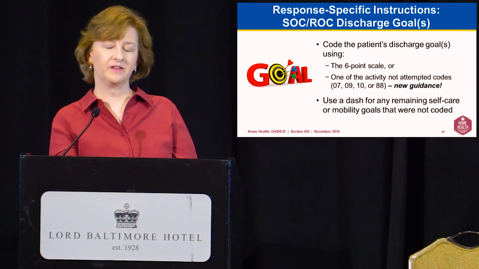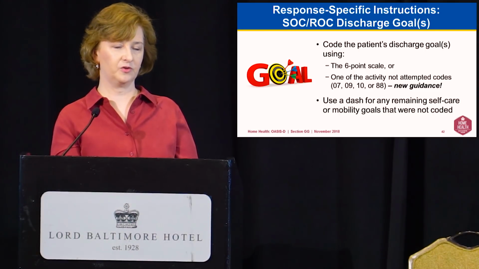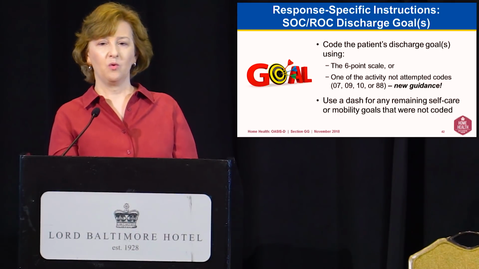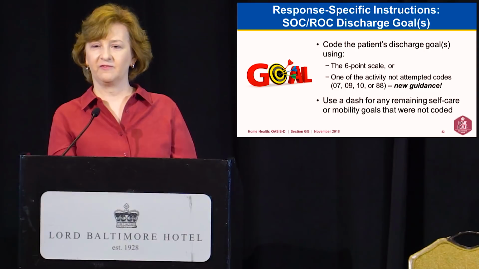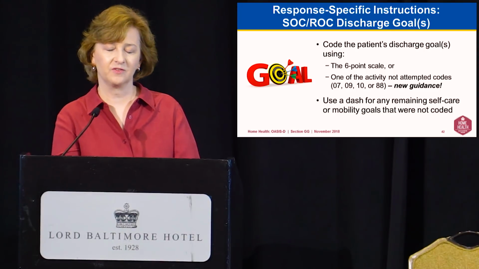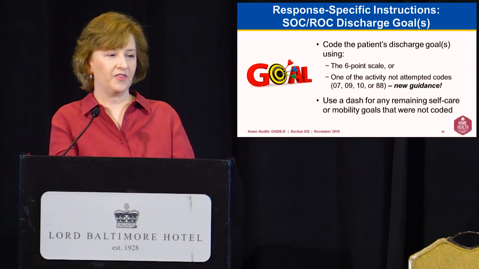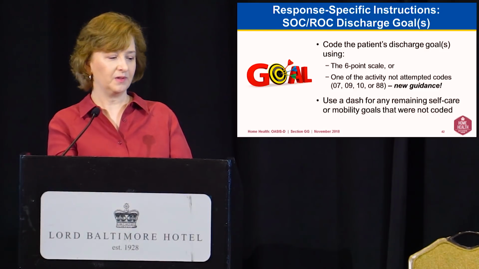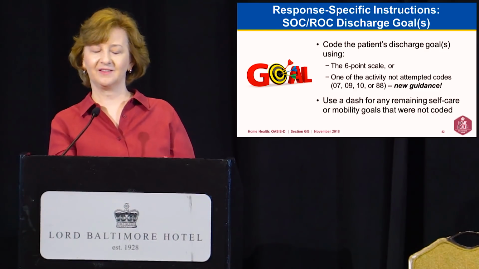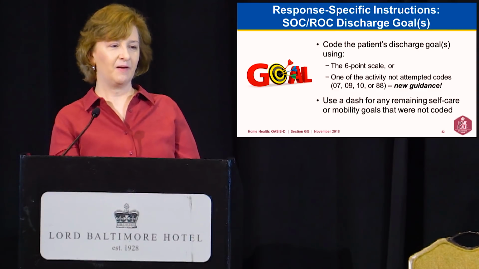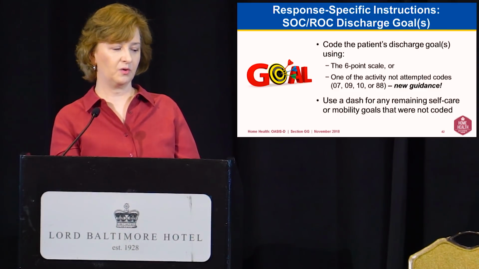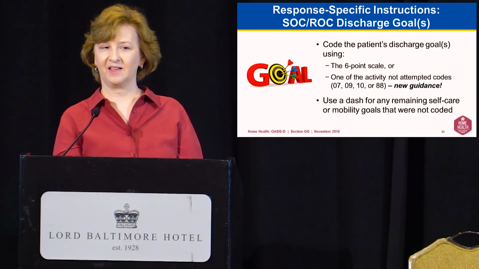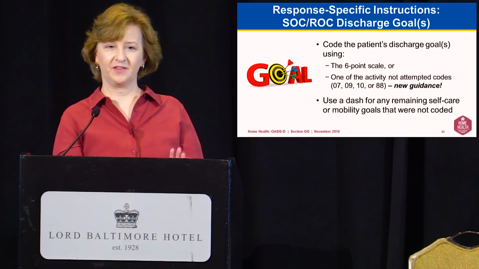We'll be going over the rating scale shortly, but it's two digits, either 01 through 06, or, depending on the patient's circumstance, it's possible that one of the activity not attempted codes might be applicable. This is new guidance, and I wanted to highlight it: it's possible to code a goal as 07, 09, 10, and 88. As I said, this is new guidance.